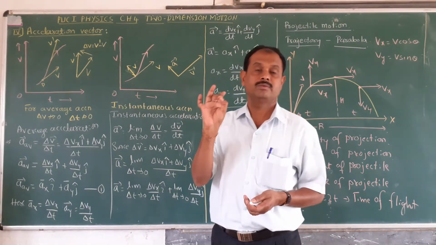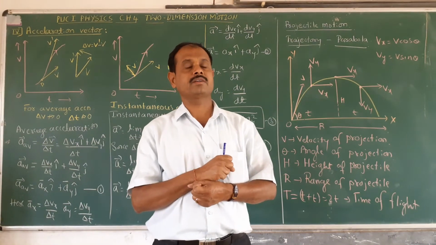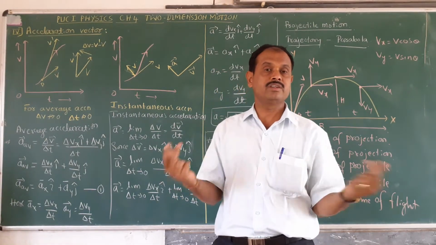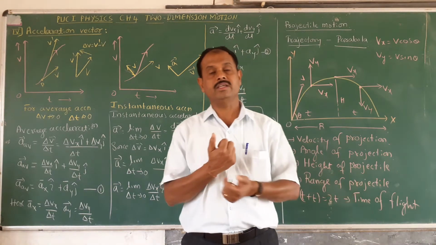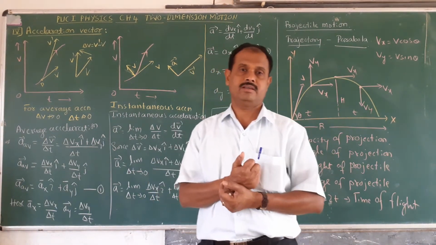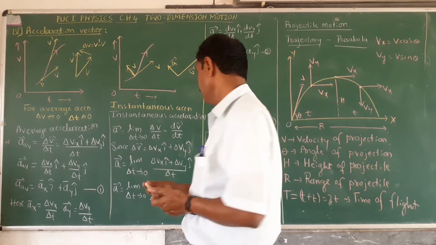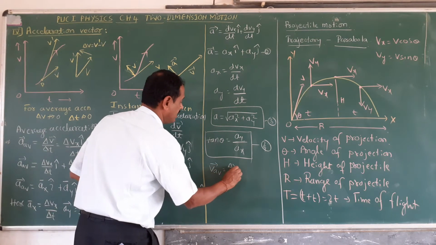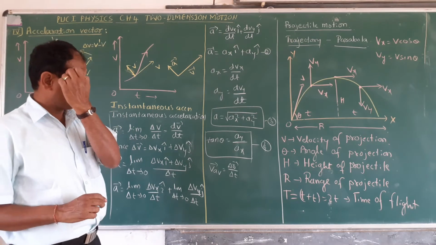Third point, the velocity vector. When you come to the velocity vector, there are two types of velocity: average velocity and instantaneous velocity. Now, how do you get the average velocity? Average velocity is equal to delta r by delta t.